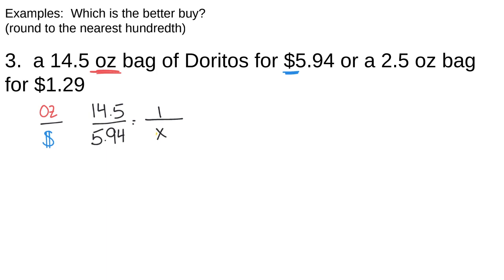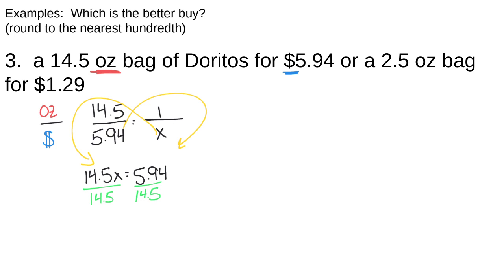At this point, we're going to be able to cross multiply to figure this out. So I take X times 14.5. That's just 14.5X. And 5.94 times 1 is 5.94. Next, we need to solve for X. So I got to move the 14.5 over by dividing both sides of the equation by 14.5.